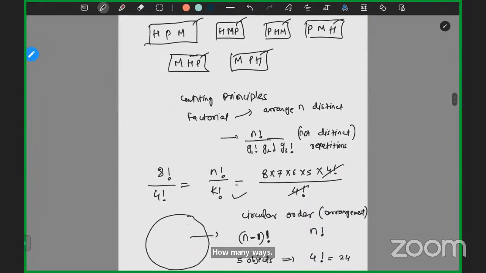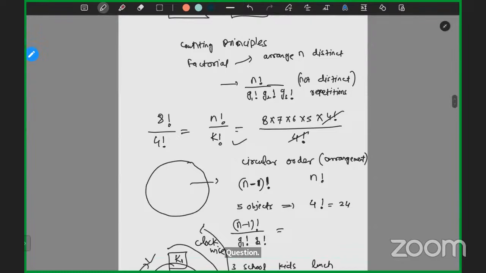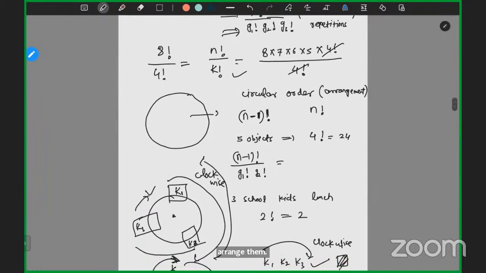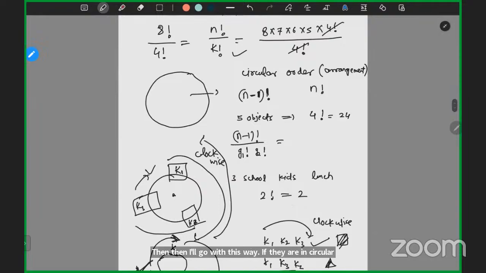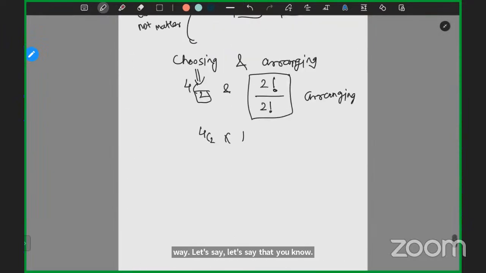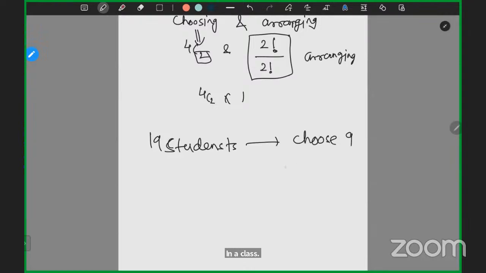Question we took: arrange distinct ways, then not distinct, then I do this. If I don't want two red balls coming together and I want to arrange them, then I'll go with this way. If they are in a circular way, let's say I have 19 students in a class. Choose 9 and form a circle.